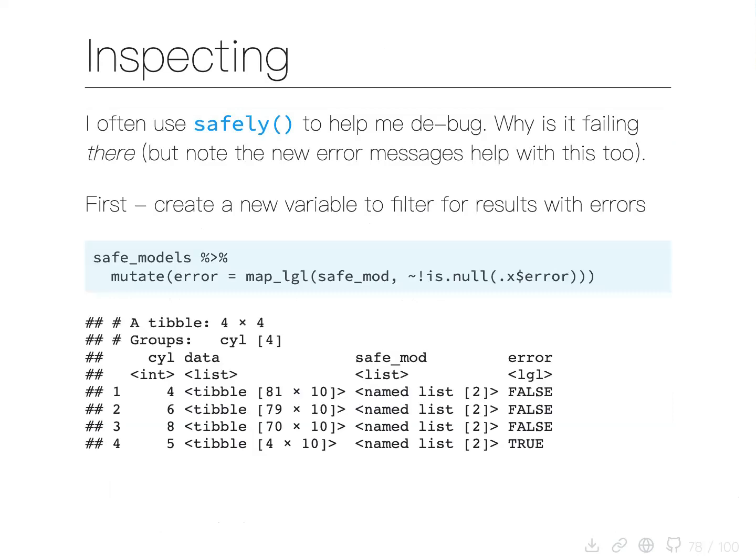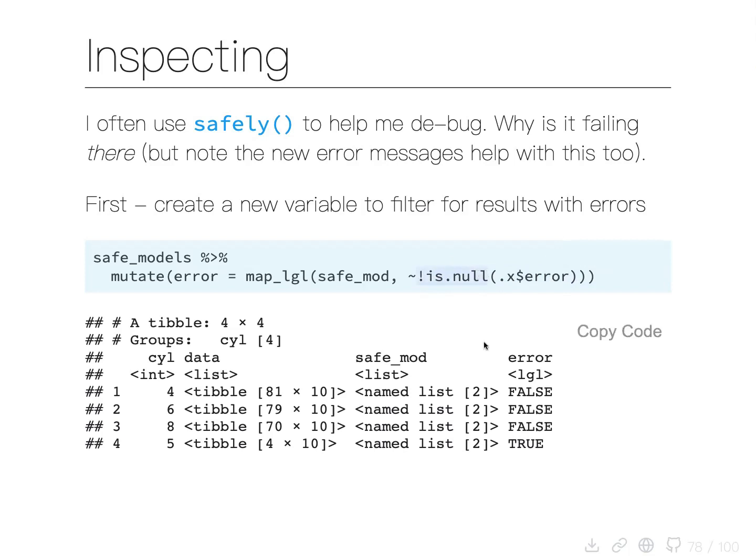For example, I can map through this safe mod object and say, give me the ones where the error part of it is not null. So this is saying, is it null? And then I'm using this to reverse it. So this is not null, basically.